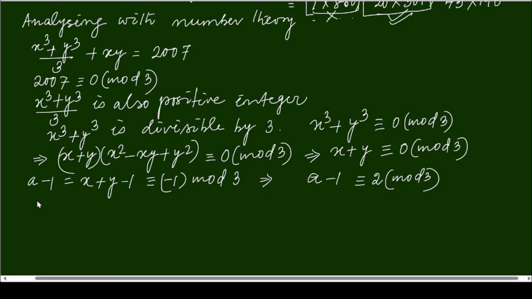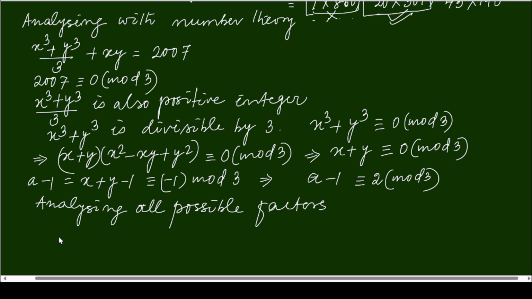So, using number theory or analyzing all possible factors, we write a minus 1 into a squared plus a plus 1 minus 3 times b equals 20 into 301.